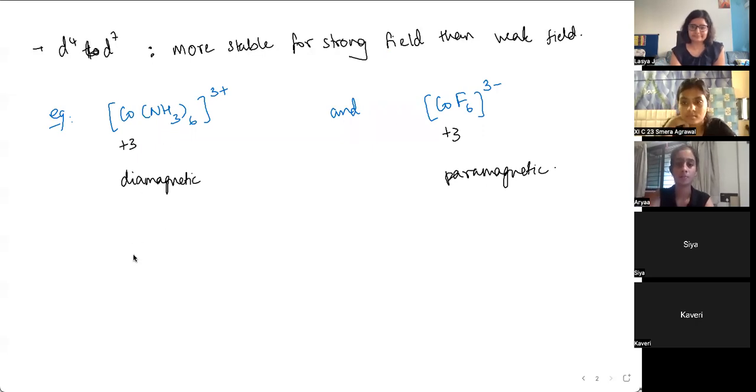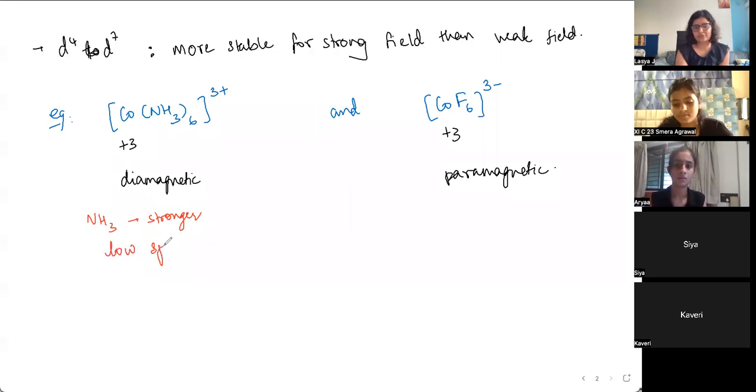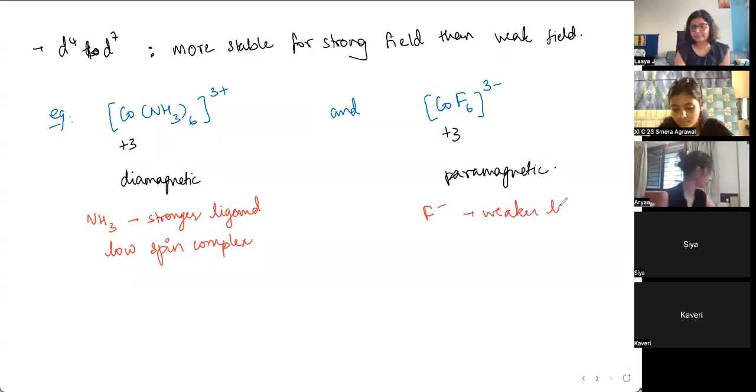So that is a stronger ligand, which is why it will have fewer unpaired electrons, and that is why it will be diamagnetic. Yes. So this forms a low spin complex. It's a stronger ligand. And fluoride, F minus, that you find here is a weaker ligand, forms a high spin complex.